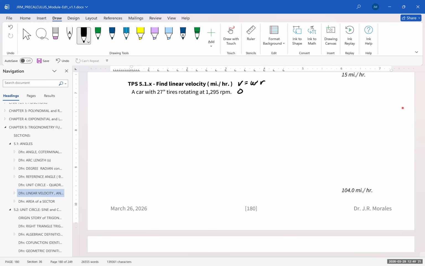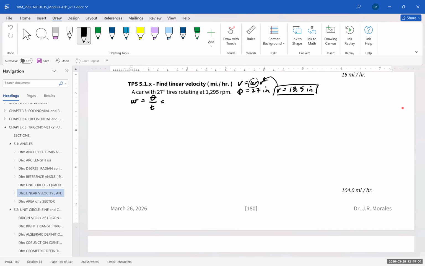So if the diameter of the tire is 27 inches, then we know that the radius is going to be half of that, or 13.5 inches. Okay, so this value of R we've got, what we need is the angular velocity. So the angular velocity is equal to our angular measure divided by unit of time.